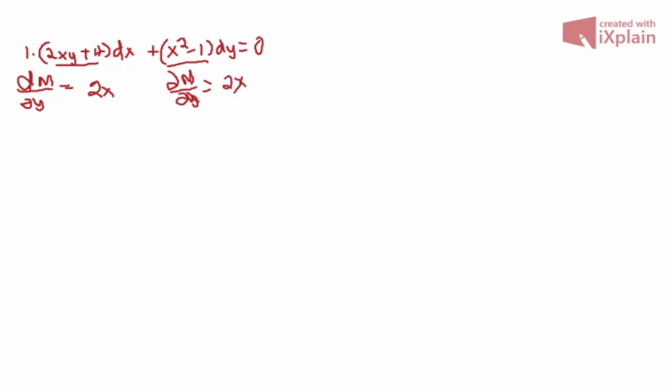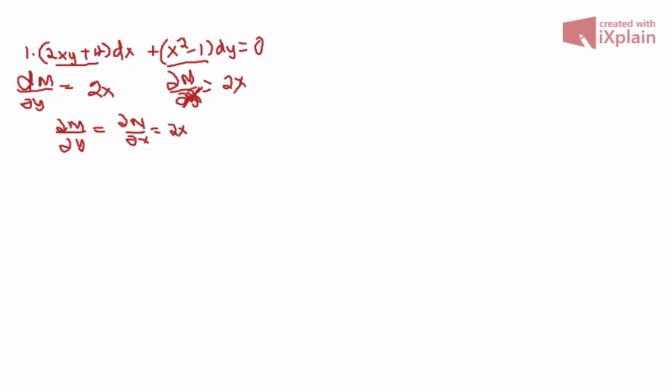So now we are deriving this side with respect to y, then we get 2x. Then we derive this side with respect to x, then we get 2x. That means now del m over del y is equals to del n over del x is equals to 2x.